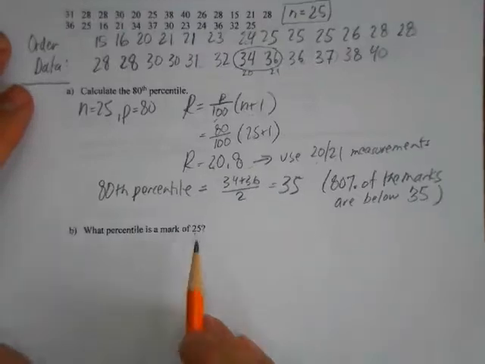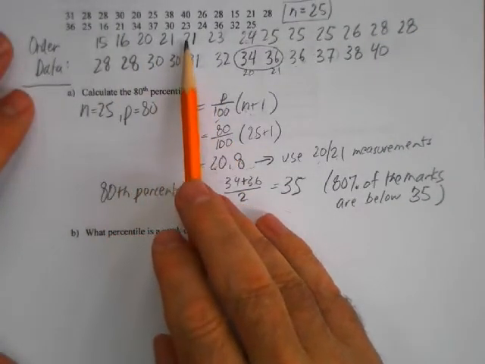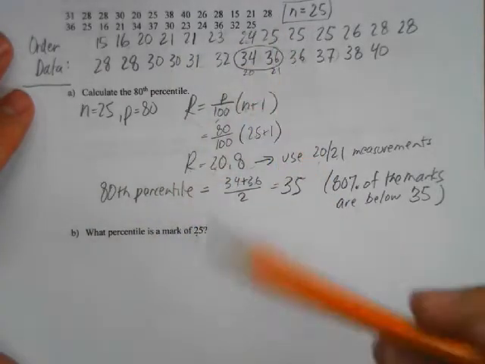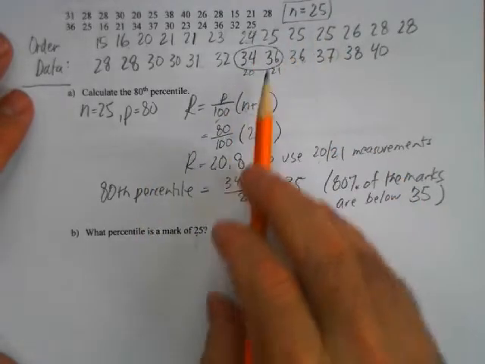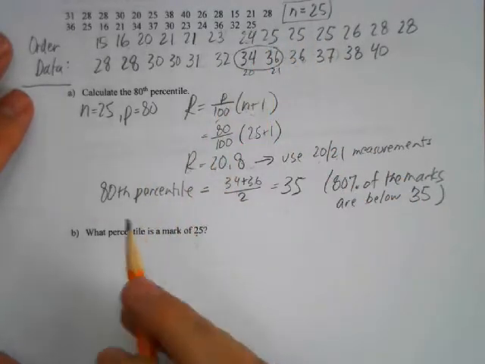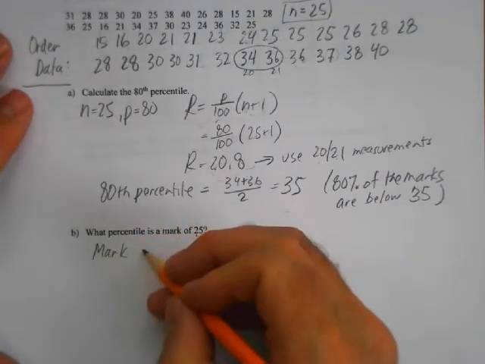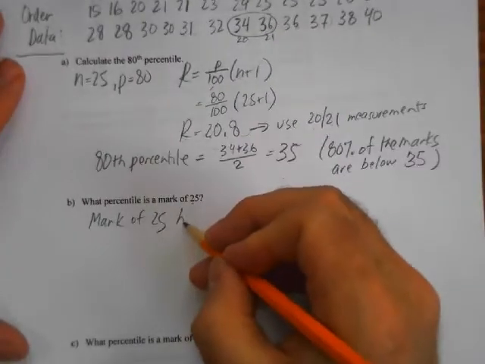So you go back up to the list and you start counting. Okay, 1, 2, 3, 4, 5, 6, 7, 8. And you notice we got 3 of these 25s. You just go till you find the first one. So we're looking for the rank of that mark. The mark of 25 has a rank of 8.